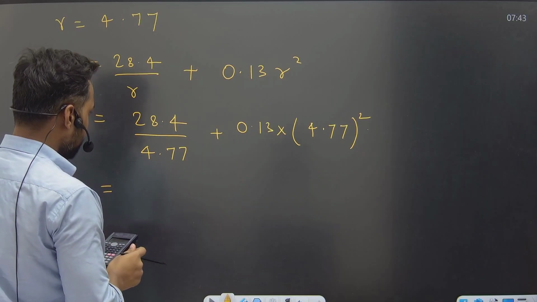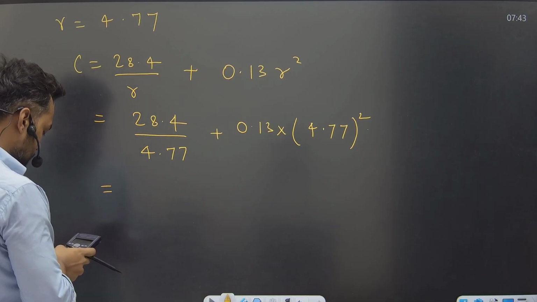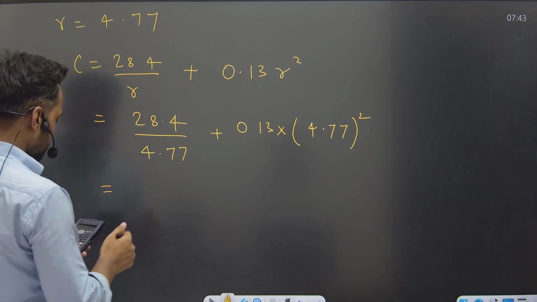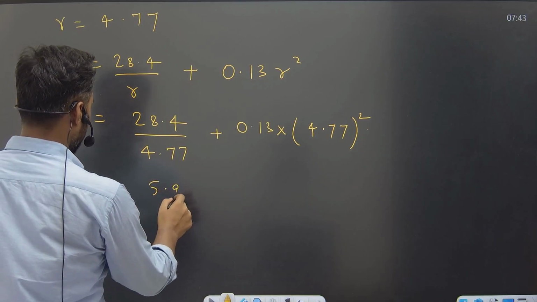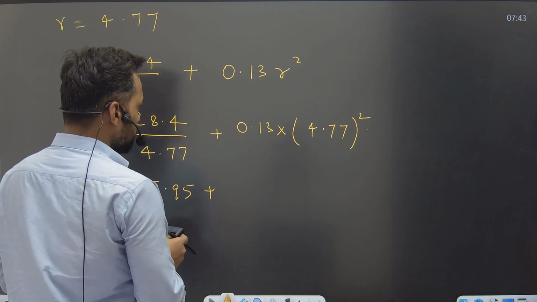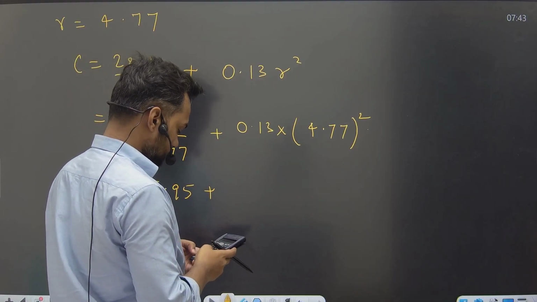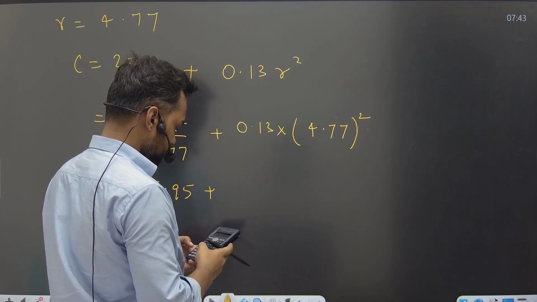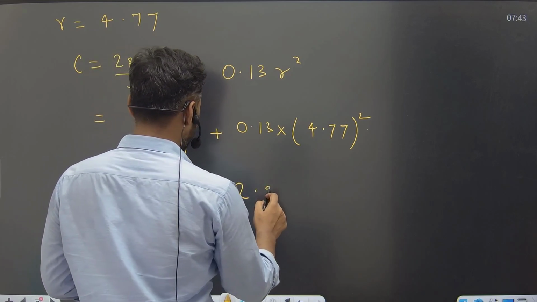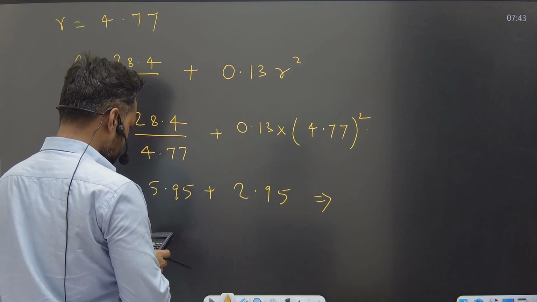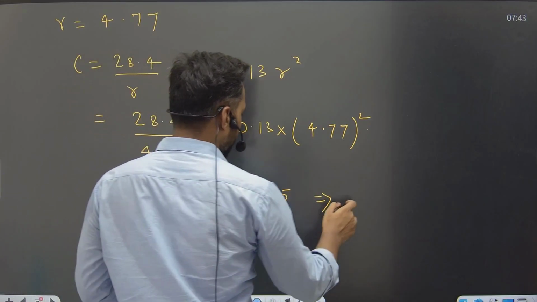28.4 divided by 4.77, 5.95 plus 2.95. So what values are we getting here, students? 8.90.